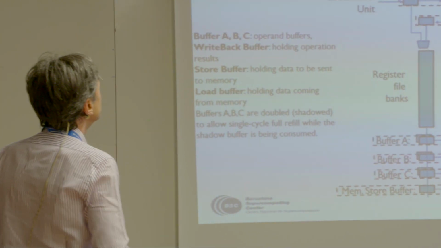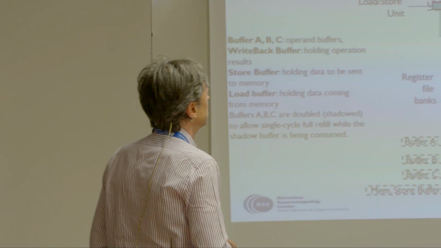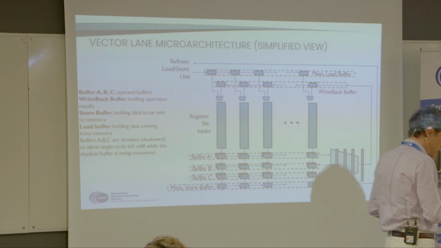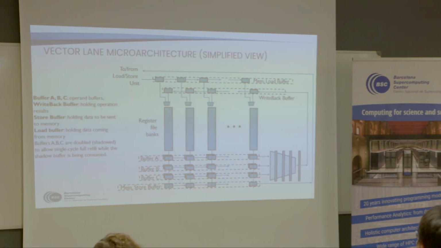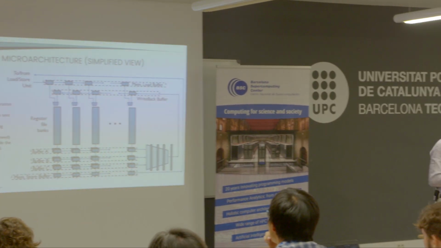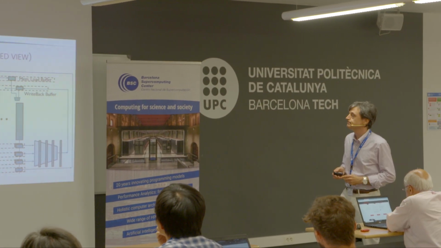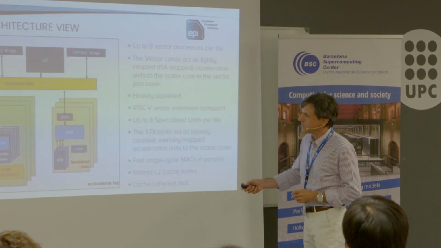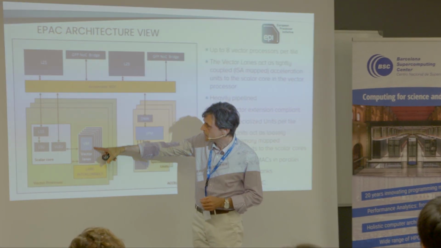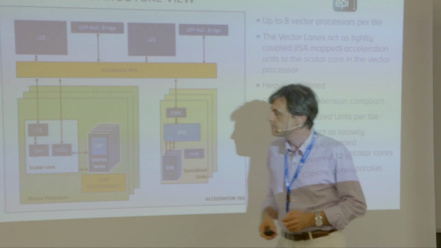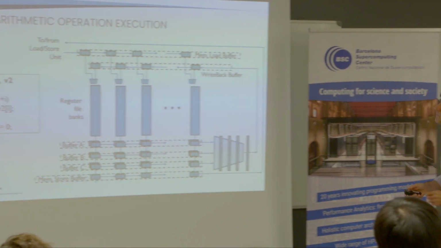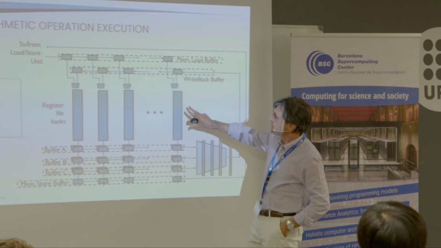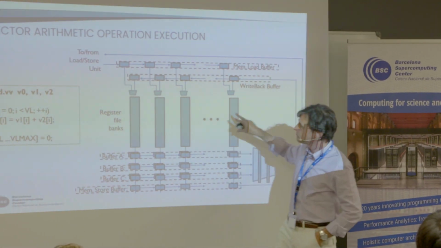Okay, this is the first time that this picture is publicly shown. It is a very simplified detail of the microarchitecture of a vector lane. By the way, I'm talking about this guy here, one of these, okay? So you see here, we have several register file banks.